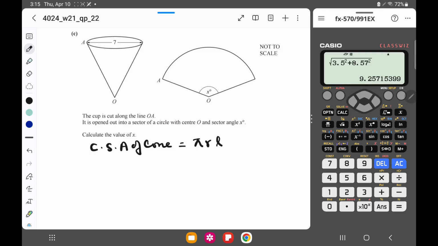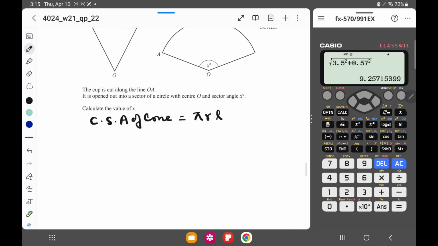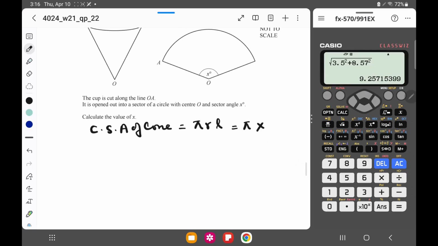L is 9.26, which we have already found, so that is pi times 3.5, the radius, and 9.26. Just multiply 3.5 into 9.26.